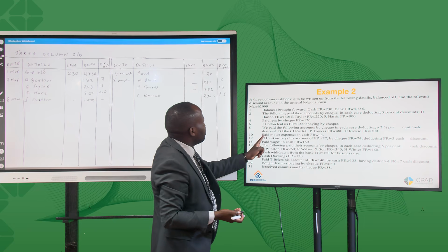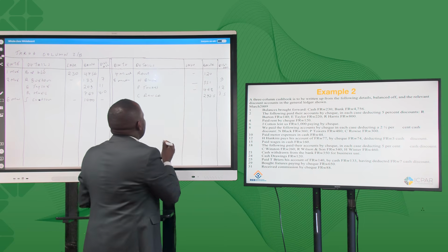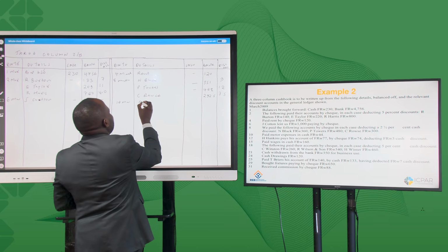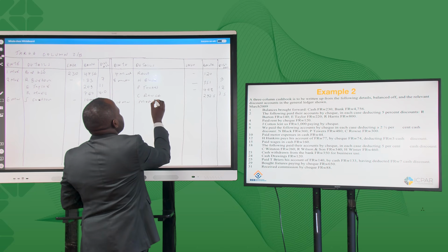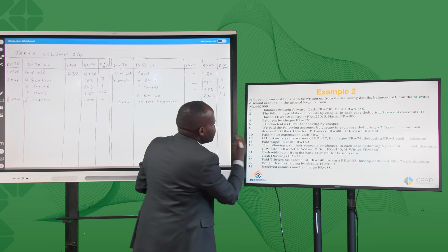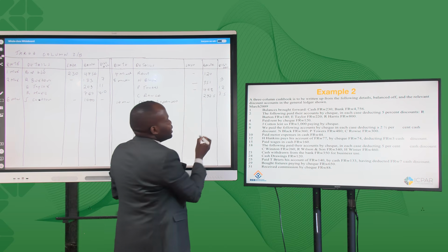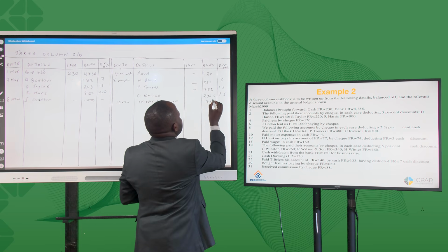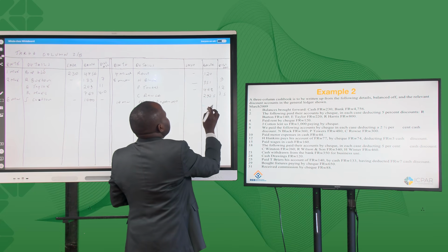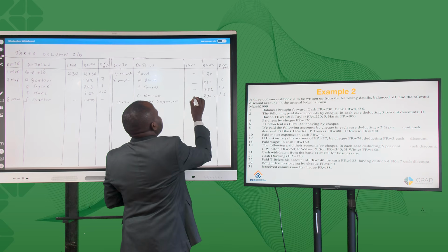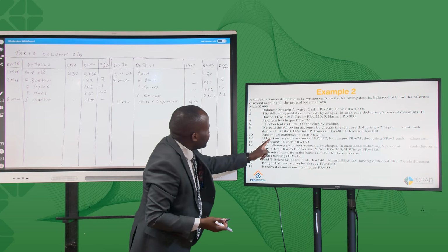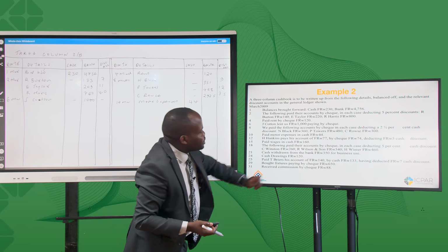Next, we have paid motor expenses on the 10th. So on the 10th March, motor expenses, 44 in cash. The next date, H. Hankins pays his account 77.